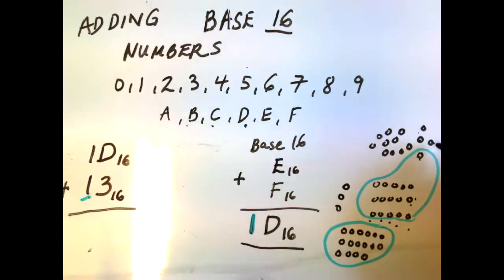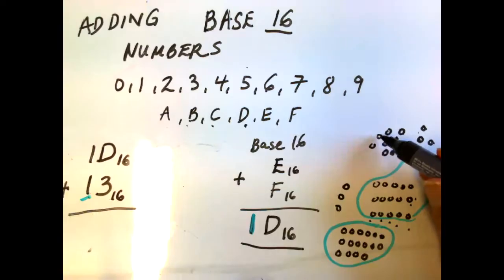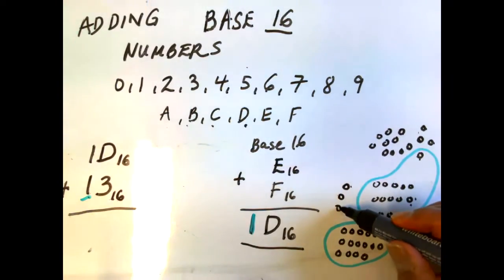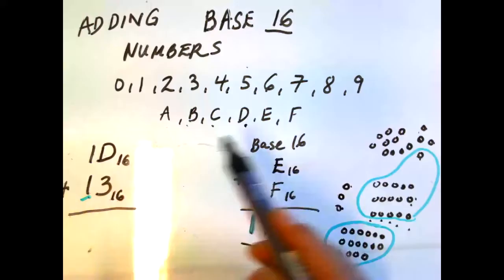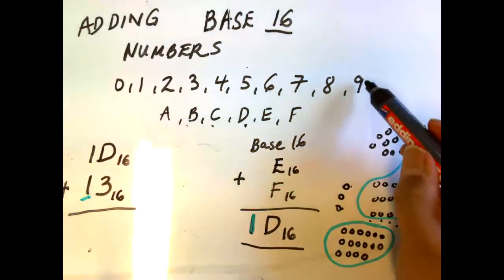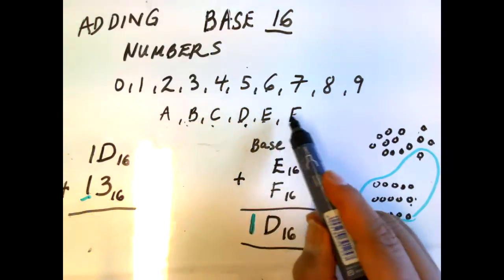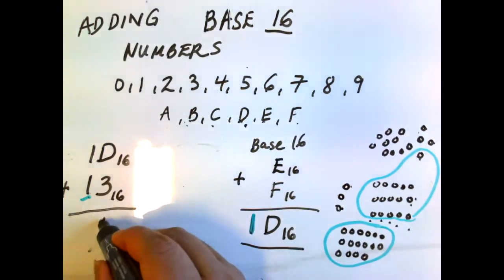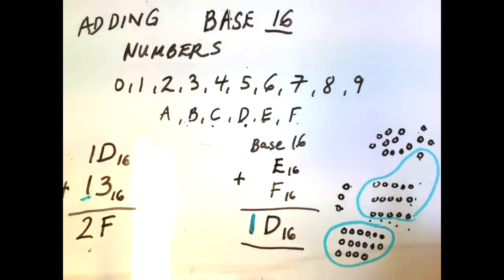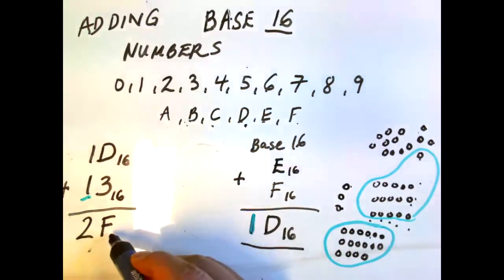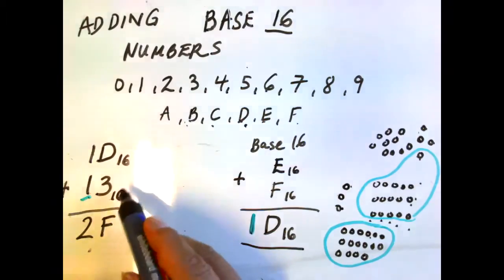Let's count 1, 2, 3, 4, 5, 6, 7, 8, 9, 10, 11, 12, 13, 14, 15. We cannot make a 16. So the answer would be 15. How do you write D plus 3? 15 would be, that's 9, 10, 11, 12, 13, 14, 15. So D plus 3 would be F. And then 1 plus 1 is 2, which is really this and this. So this is your answer. So 1D plus 13 in base 16 adds up to 2F.